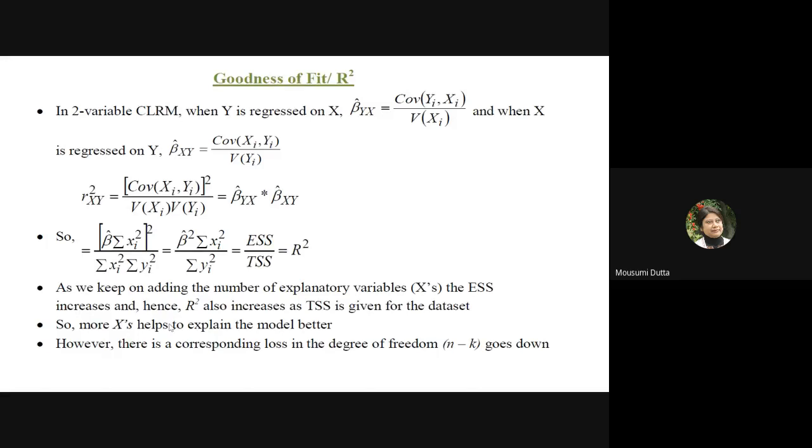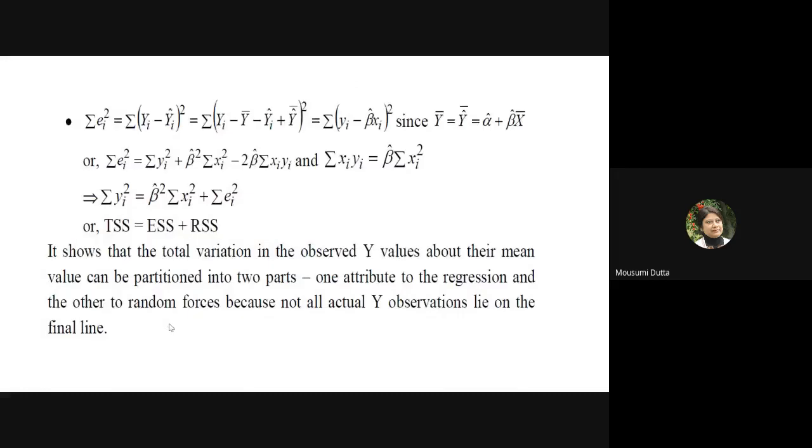The larger the ESS component and the smaller the RSS component, the better the fit. If I can improve ESS and reduce RSS, I am moving towards the best fit. If RSS is equal to 0, the entire variation in yi can be explained by variation in xi. That is the best fit.